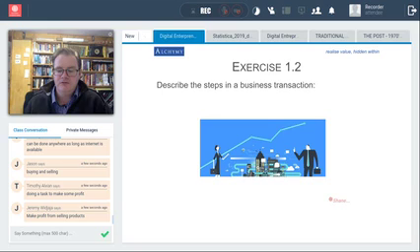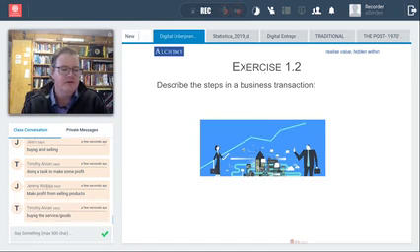Anybody? Zach, what do you think the first stage in a business transaction is, or the first element? And they don't have to be necessarily sequential. But give me an example. Okay, Timothy, you've got buying the service, right? Buying. Okay, what happens before that? What happens before you buy a service or goods?